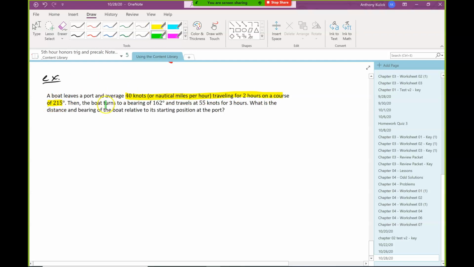So I know that my final location of the boat can be described with a vector by taking the first leg of our journey and adding the second leg of our journey. I'll put the little ray on top of it because that's usually the symbol we use to indicate that something is a vector. Everybody okay with that reasoning?